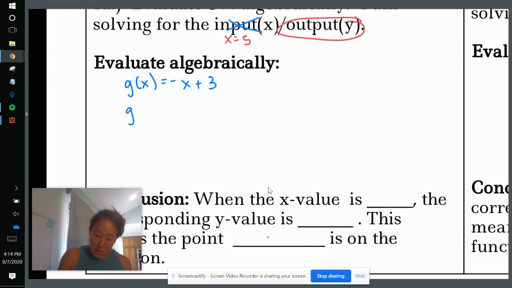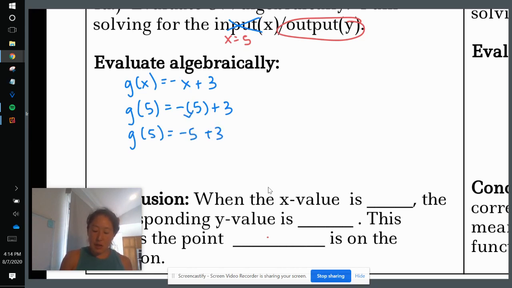So I do g of 5 is equal to negative, instead of an x, we're going to put a 5 plus 3. Okay, I'm going to bring down my g of 5. See, negative 1 times 5 is negative 5 plus 3. So I get negative 5 plus 3 is negative 2.